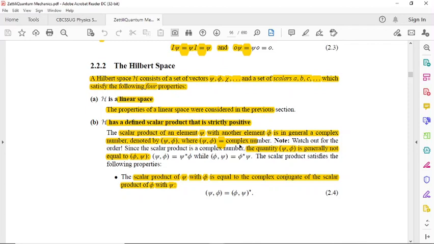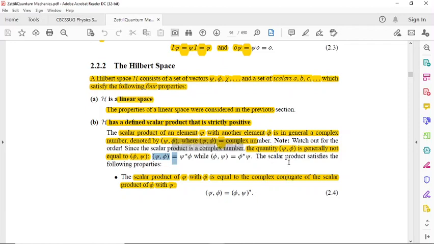The quantity ⟨psi|phi⟩ is generally not equal to ⟨phi|psi⟩. Therefore we can write ⟨psi|phi⟩ equal to psi star phi, while inner product ⟨phi|psi⟩ is equal to phi star psi. In the order ശ്രദ്ധിക്കുക.